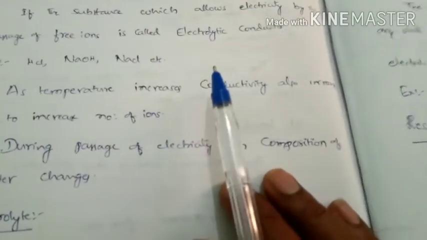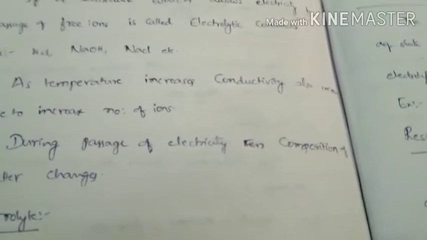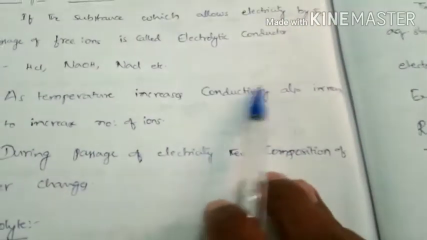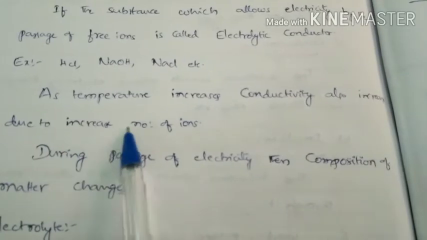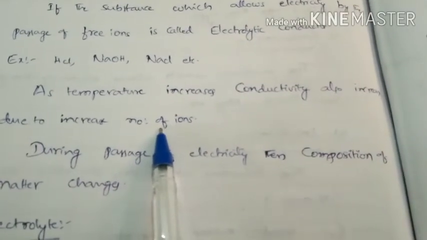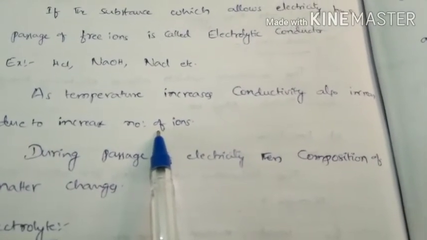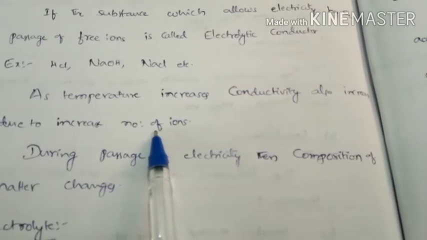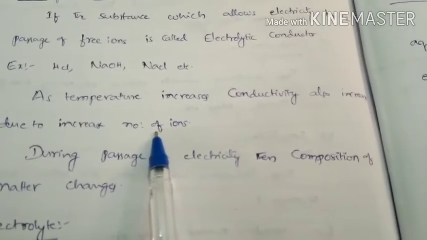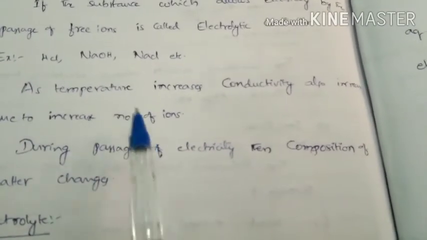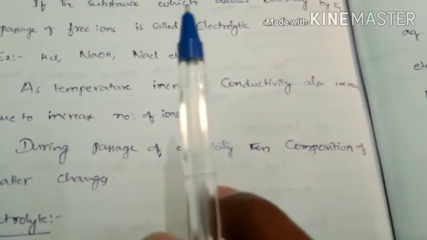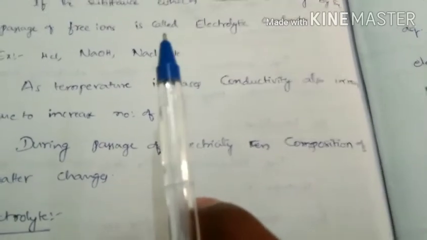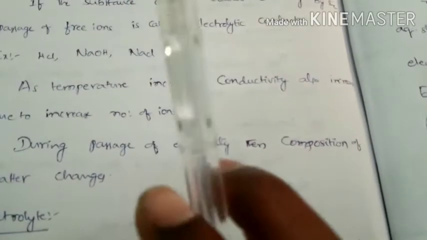Here there are some more points as in the previous case. As temperature increases, conductivity also increases due to increase in number of ions. That means in this case, if temperature increases, automatically the number of ions increases. If the number of ions increases, automatically their movement increases, conductivity also increases. In the previous case, temperature increases, metal ions' kinetic energy increases, passage of free electrons decreases, automatically conductivity decreases.